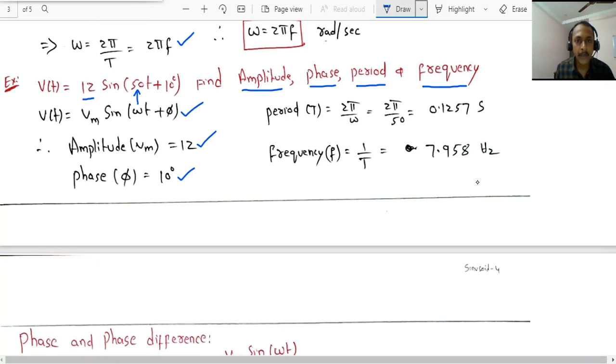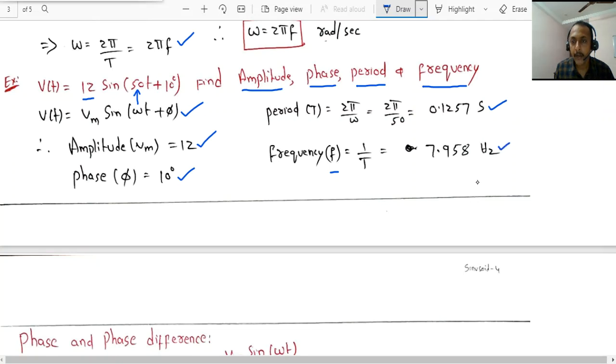But what about period? Time period capital T equals 2 pi by omega. 2 pi divided by omega, which is 50, so it is 0.1257 seconds. Now we want to know its frequency. Frequency f equals 1 divided by T, 1 divided by 0.1257.